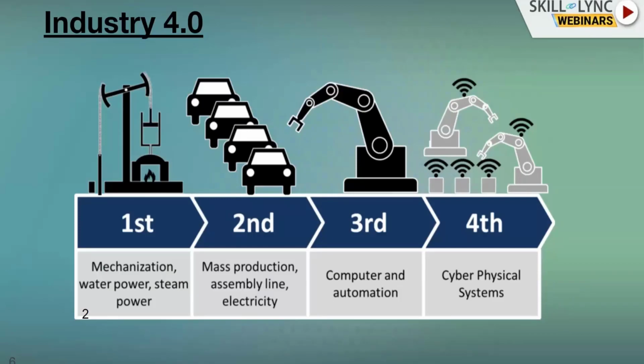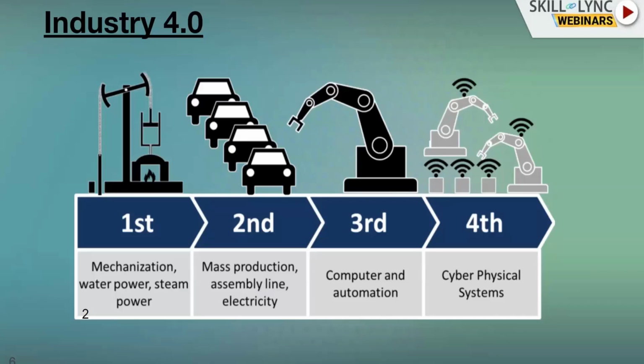In the first stage of the industrial revolution, it was more of a mechanization, something like steam power and the weaving loom. All this was happening in the period of the 1780s. So that was the point of Industry 1.0.